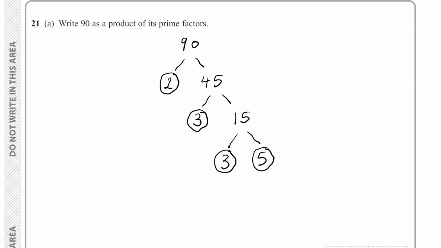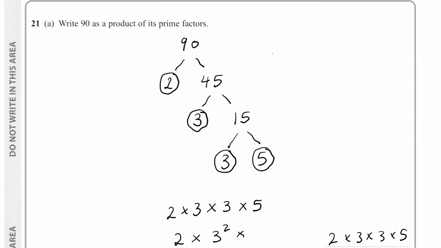So 90 is the same as 2 times 3 times 3 times 5. 3 5s make 15. 15 times 3 is 45. 45 times 2 is 90. So 2 times 3 times 3 times 5 is our answer. It can also be written as 2 times 3 squared times 5.